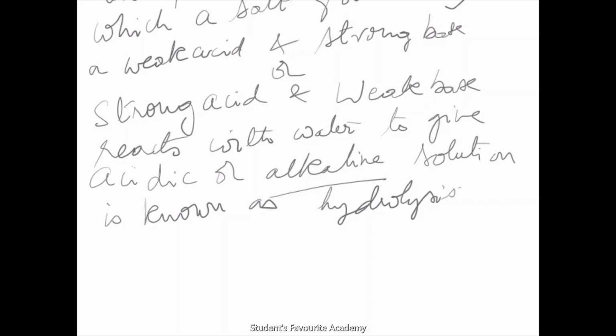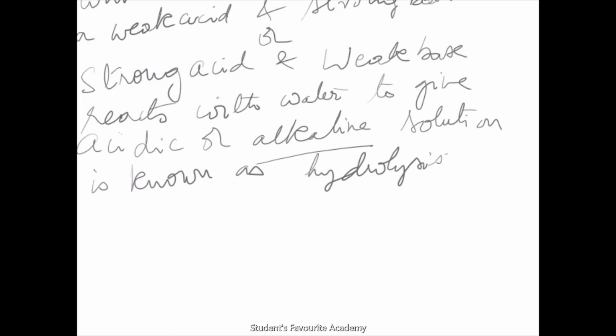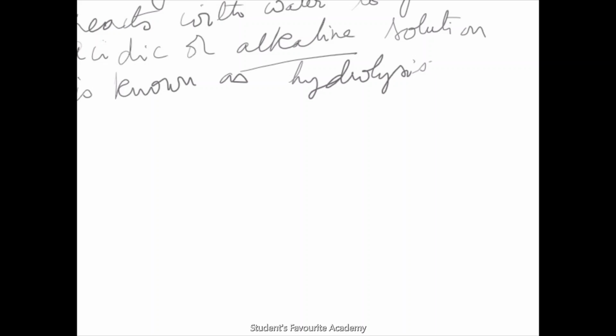Now, let me take an example. See, salts formed from a strong base like sodium hydroxide and, say, a weak acid like carbonic acid. What is that? Sodium carbonate, isn't it? Why? Because when a strong base like sodium hydroxide reacts with a weak acid like carbonic acid, what do you get?